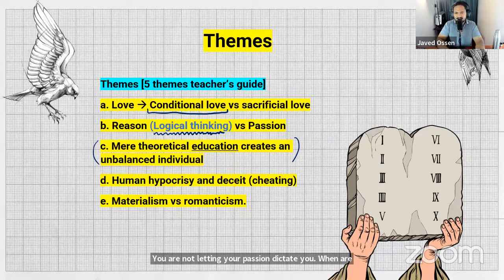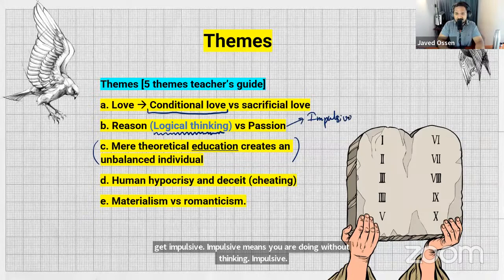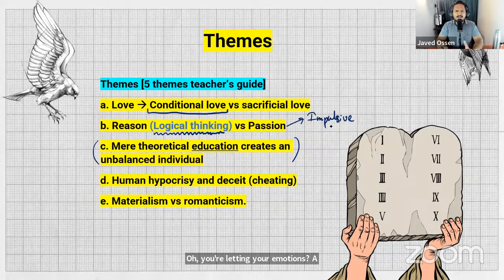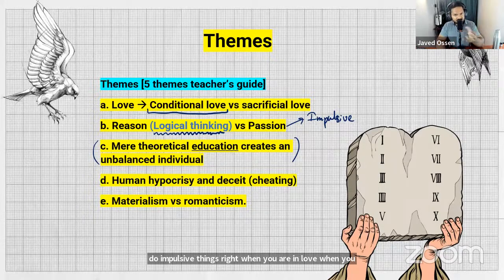Impulsive means you are doing without thinking, or you are letting your emotions control you. When you are in love, when you are angry, or when you are hungry, you do impulsive things, right? So logical thinking or reason is the opposite of that. We'll talk about these things when going through the short story.